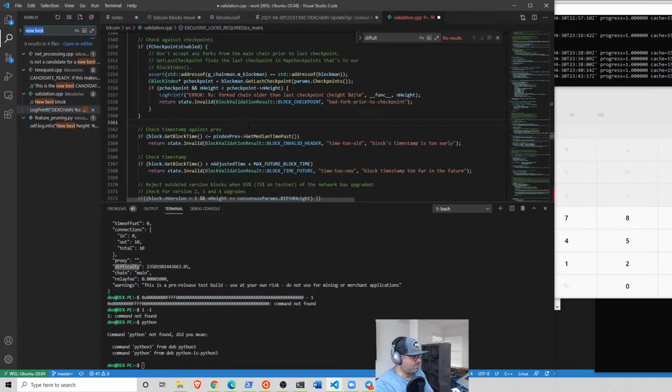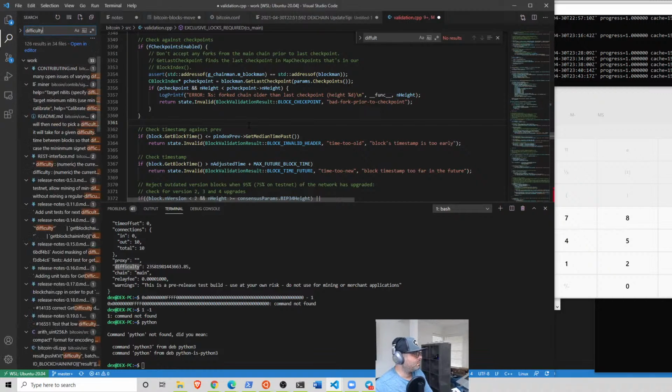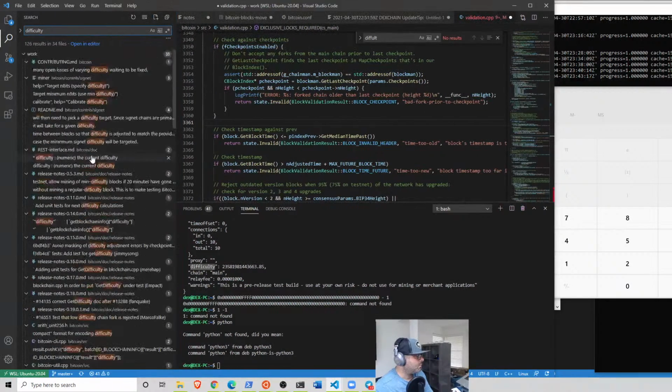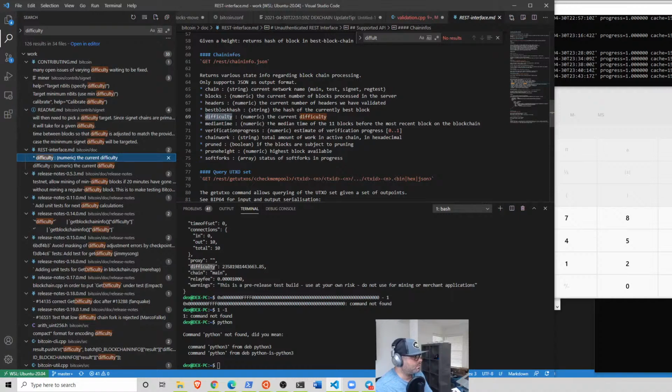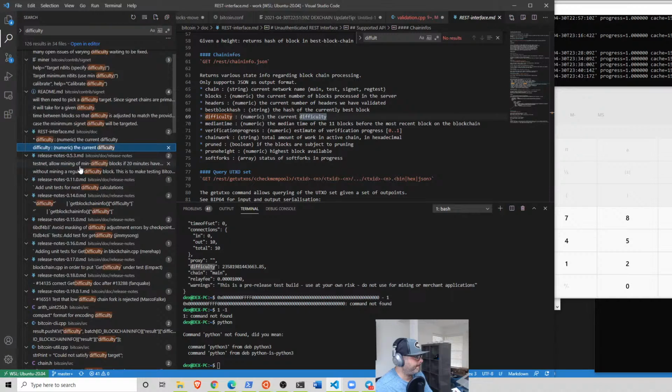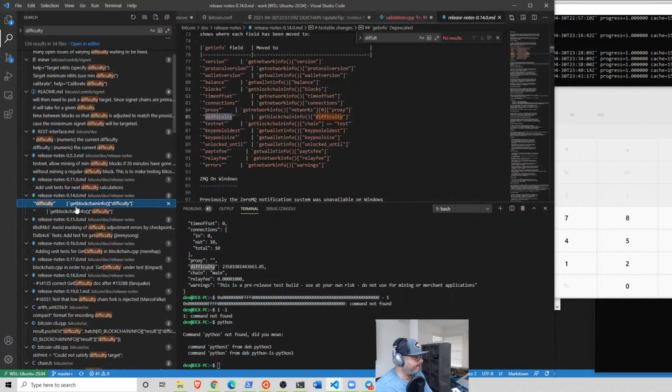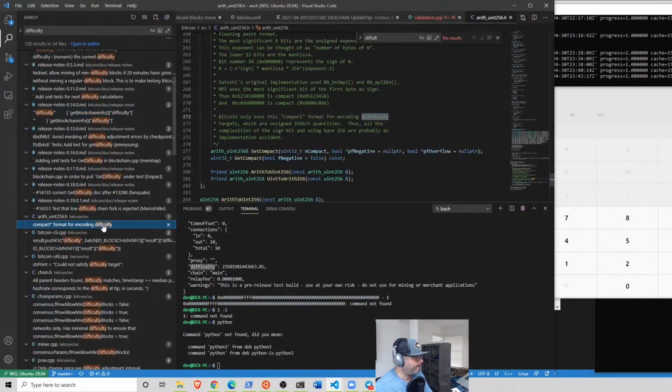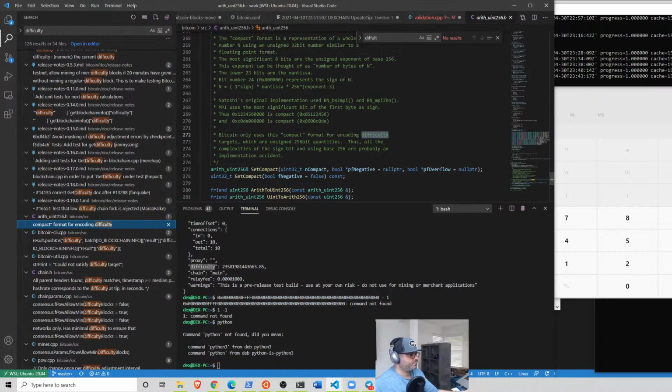See, this is what I'm talking about. Bitcoin only uses compact formats for encoding difficulty targets, which are unsigned 256 bits.